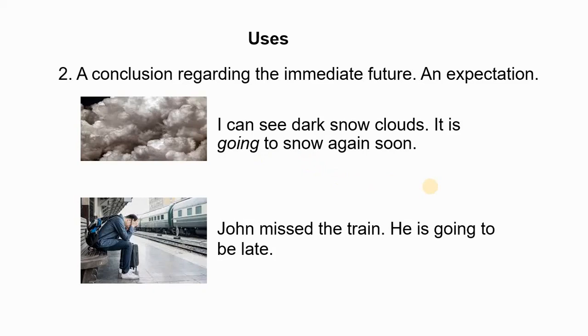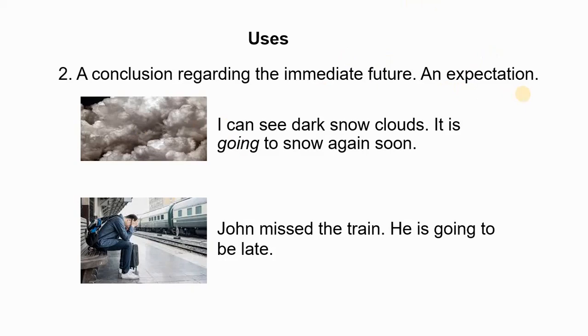The first part of the sentence shows the present. So in the present, right now, we can see dark snow clouds. So because of that, in the future, we know that it is going to snow. So that is what I mean when I talk about a conclusion or an expectation.